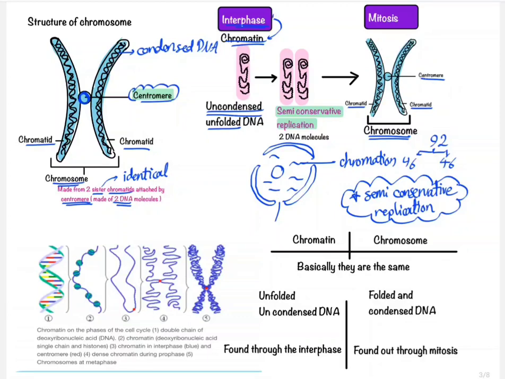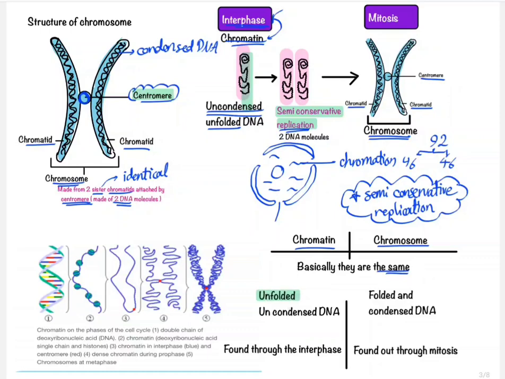We talked about the interphase and the semi-conservative replication. Okay. And basically, the chromatin and the chromosome are the same. They're just DNA. But the difference is this is unfolded and uncondensed. That's why we find it loose, like that.